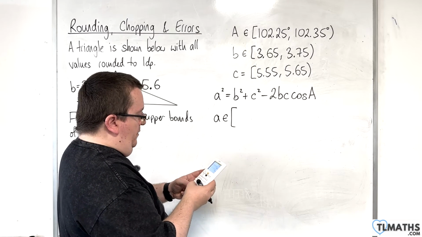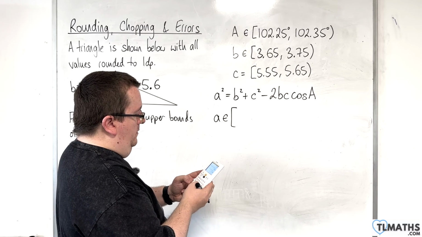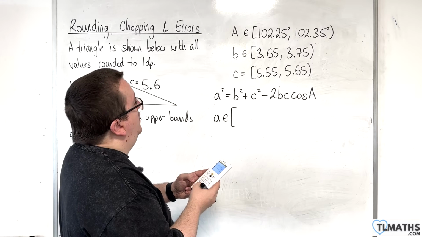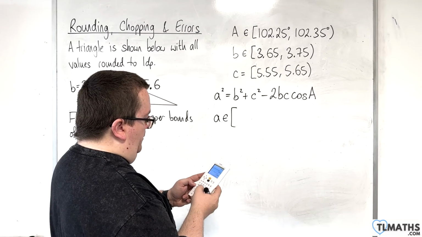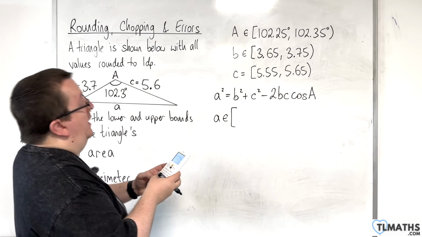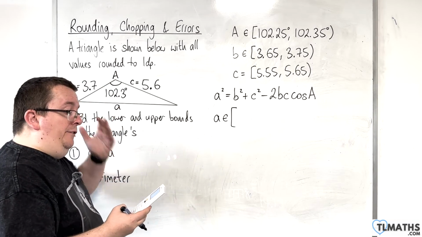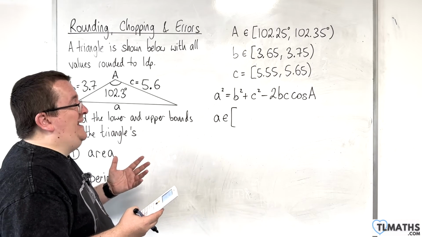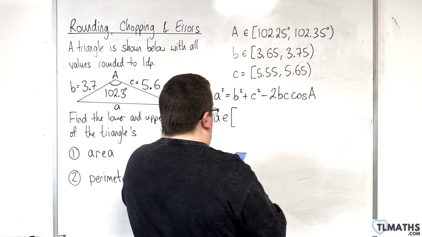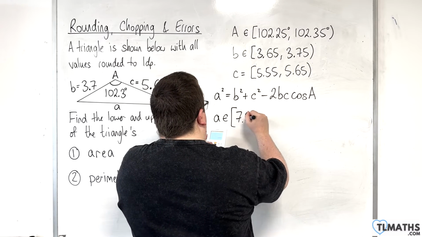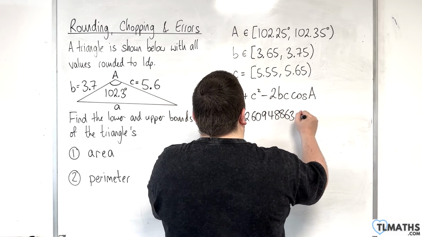So what we've got, 3.65 squared plus 5.55 squared, take away 2 times 3.65 times 5.55 times cosine of the smallest angle, 102.25. So that gets me on my calculator 52.72137839. Square root that, and we get 7.2609488863.